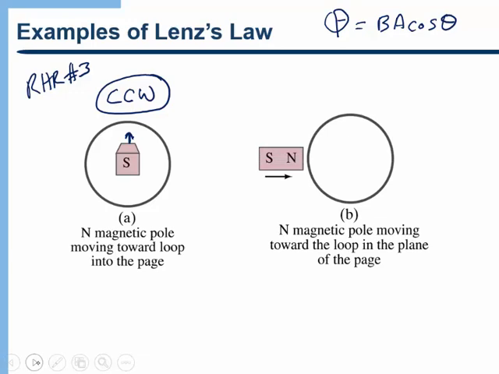Let's look at another example. What if we have a coil and we move a magnetic field towards it from the side? So again, we're increasing the magnetic field in this direction as we bring that closer to the coil. In this particular case, though, there would be no induced current.